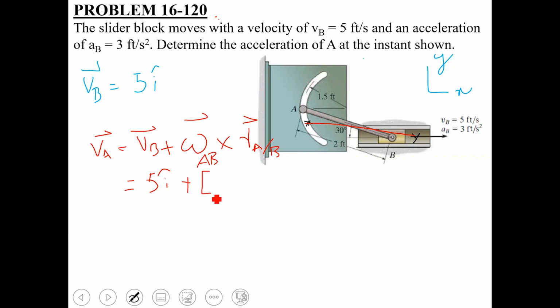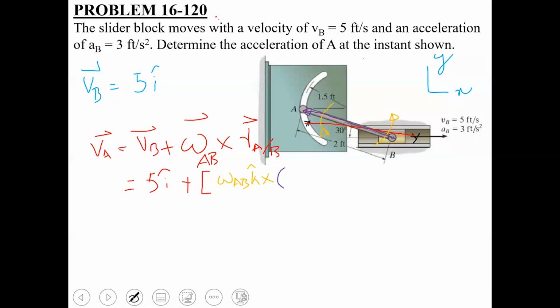If we take a look at these instants, this rigid link is rotating in the counterclockwise direction. So we can write omega equal to omega AB k, cross R AB, the relative position of A with respect to B. So we are talking about the vector which starts from point B towards point A. Since this vector lies in the second quadrant, it should have negative x and positive y.